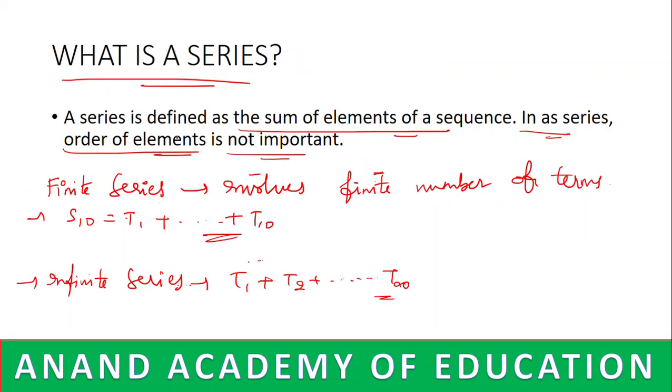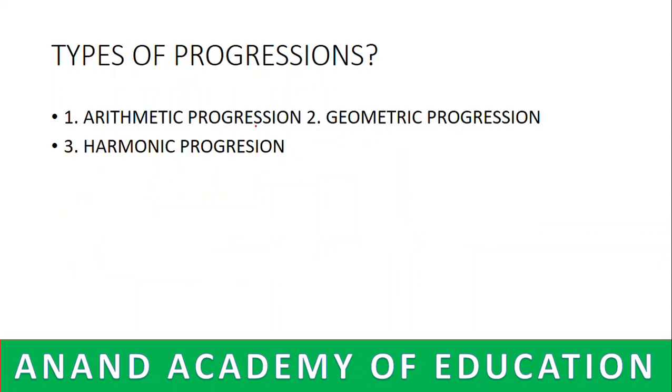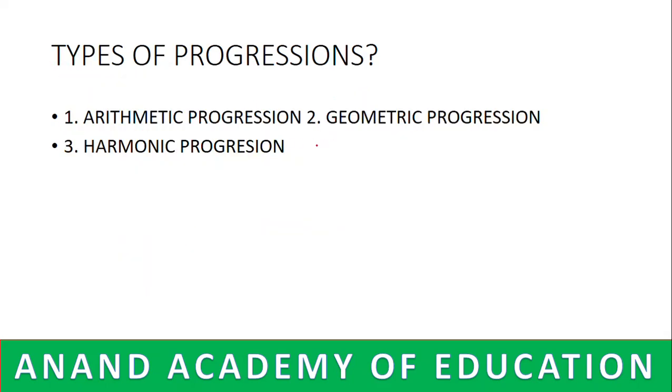Similarly, a series is nothing but the sum of elements of a sequence. And a progression is a series of numbers arranged in a logical pattern. And we have types of progressions: arithmetic progression, geometric progression, and harmonic progression. And we'll look into these progressions from our next video lectures.